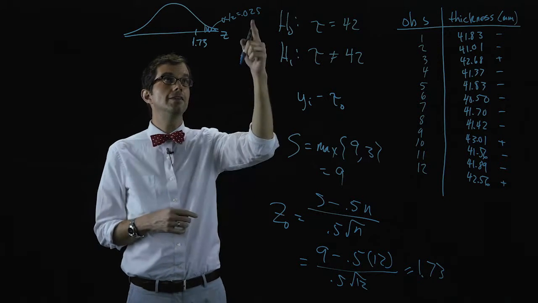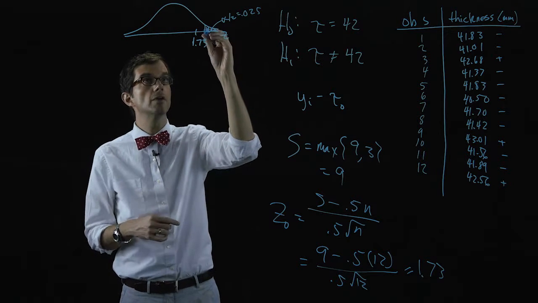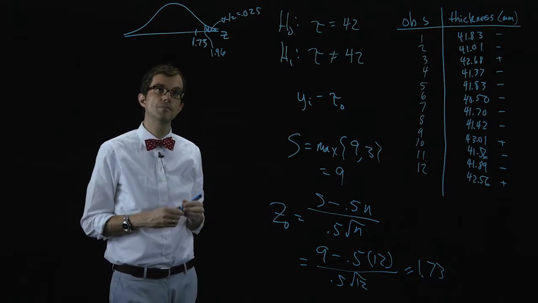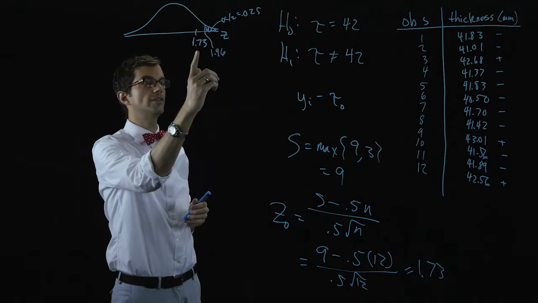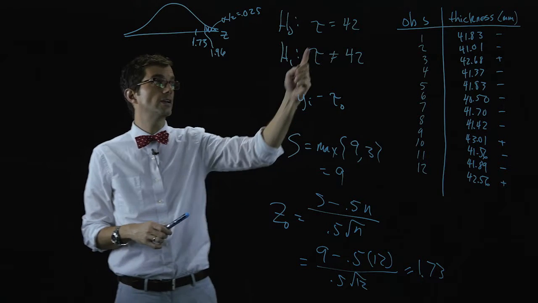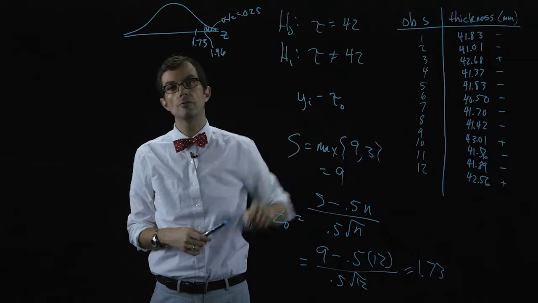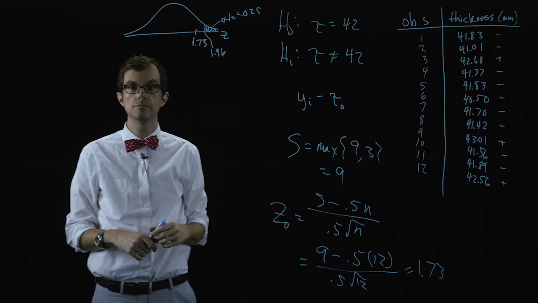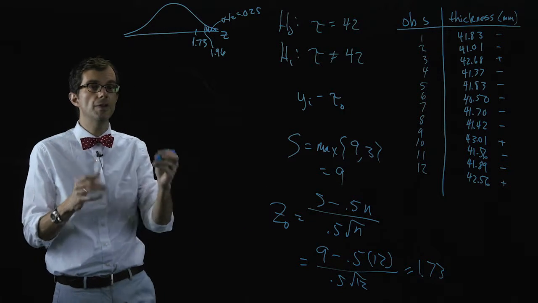We might remember that the critical value would be 1.96. So here, our test statistic lies in the non-rejection region. We would not reject the null and conclude that the median is no different from 42, with 95% confidence.